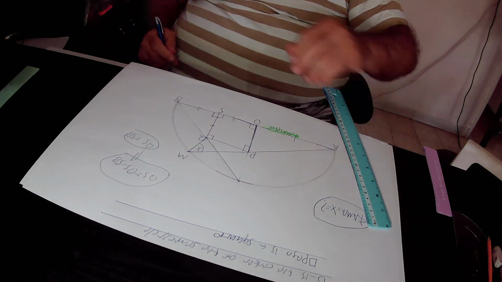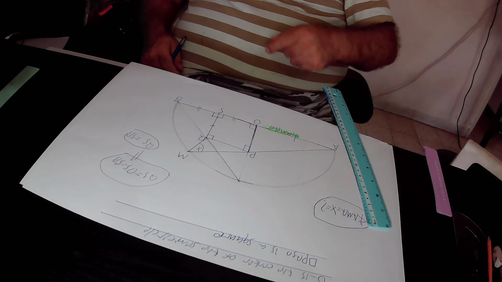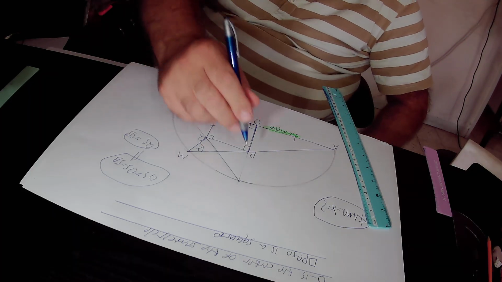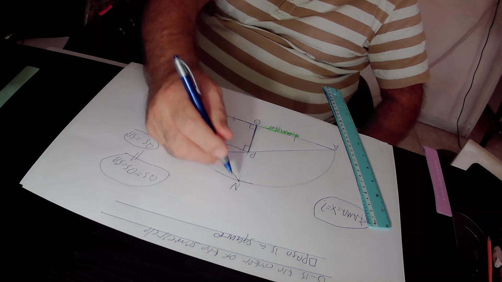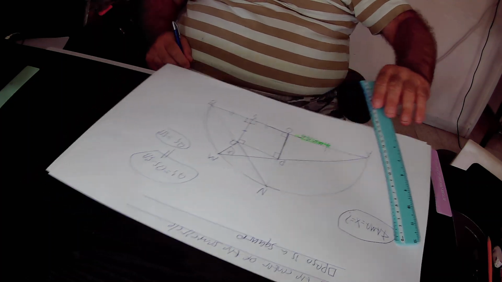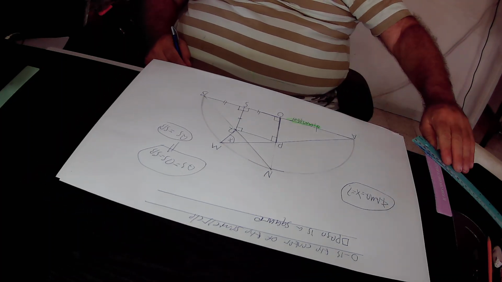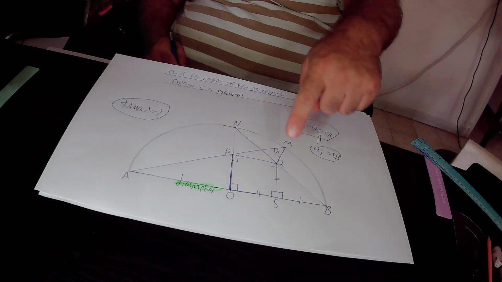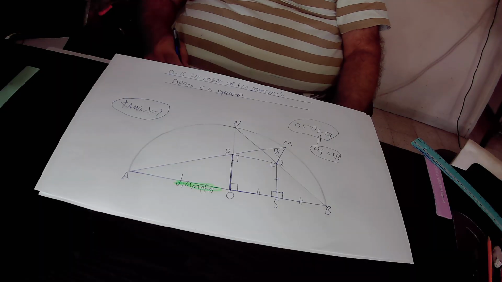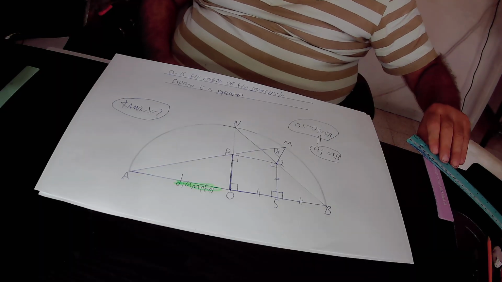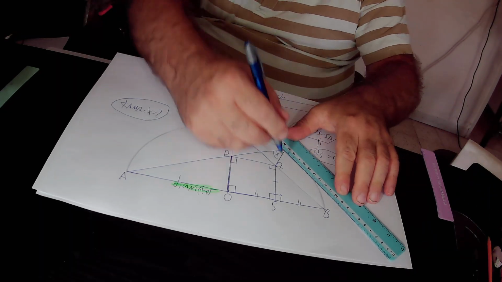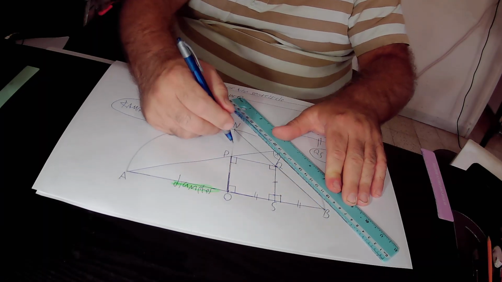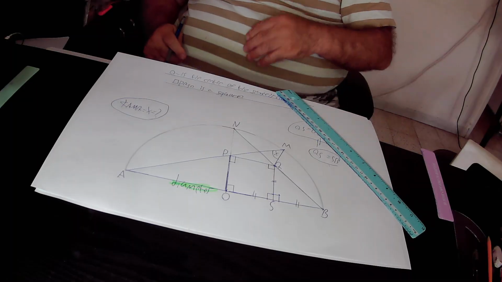And we'll define the touching point of the extended line segment BQ with this semicircle. This point is point N. When doing this construction, we created the right triangle QSB.